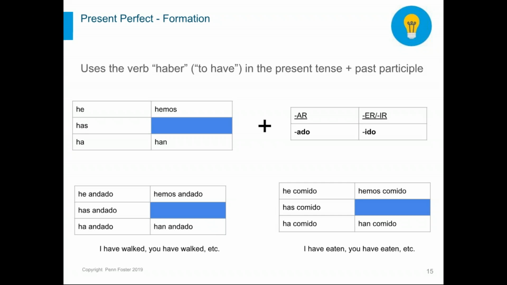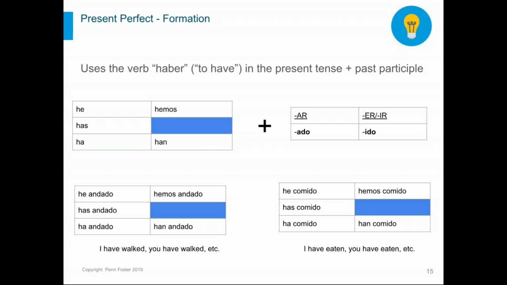As you see at the bottom, I have walked to school every day this week. She has eaten her lunch already. When you hear that combination of either has or have followed by a past participle that ends in ed more often than not, or en like eaten, you have what's known as the present perfect.